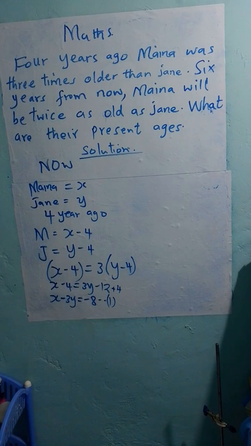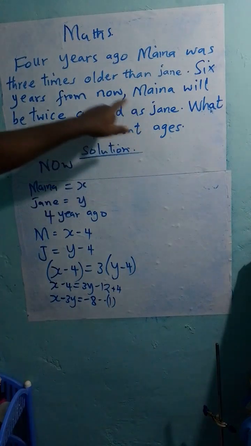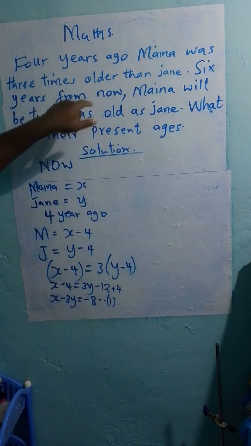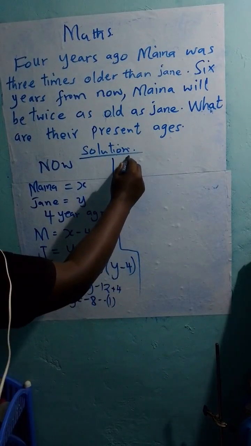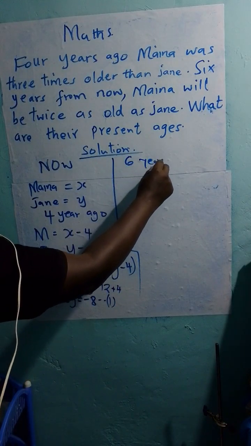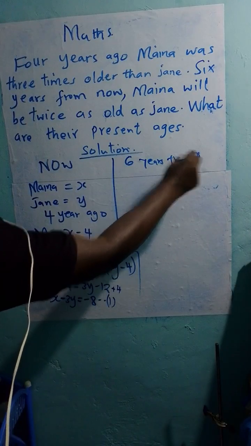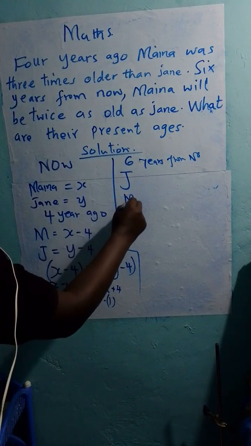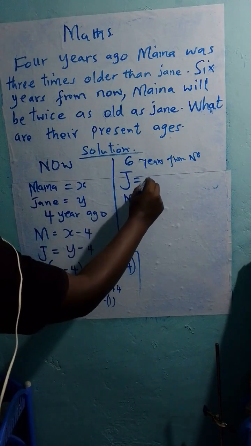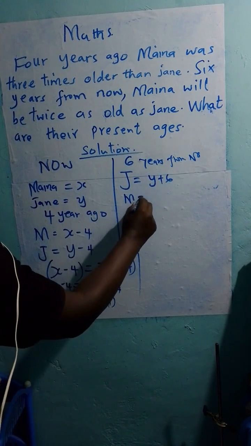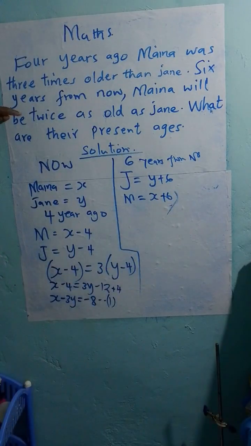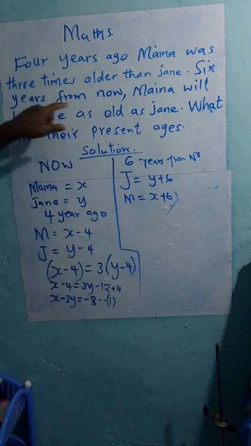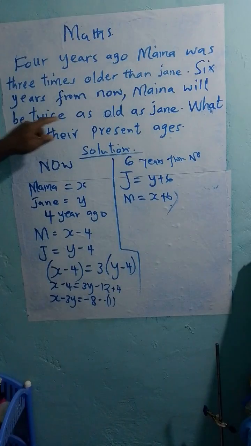Next, the next question here. 6 years from now, Jane will be y plus 6 and Mina will be x plus 6. But in 6 years from now, Mina will be twice as old as Jane will be.